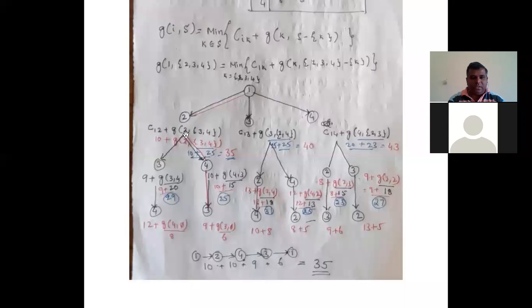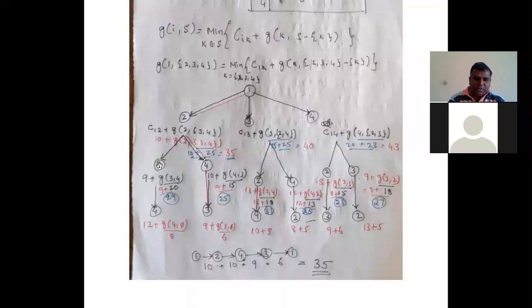Now 2 is the starting node. From 1 to 2 we came, so 2 becomes the starting node. What are the other possibilities? It can reach 3 or it can reach 4. 2 possibilities.